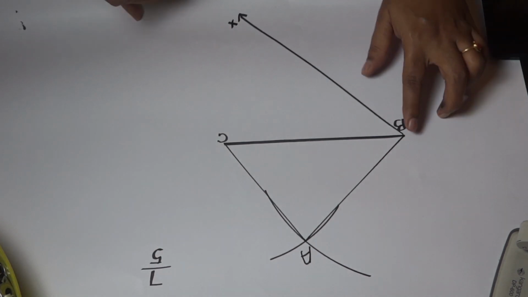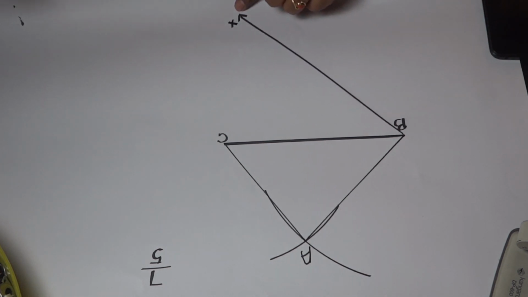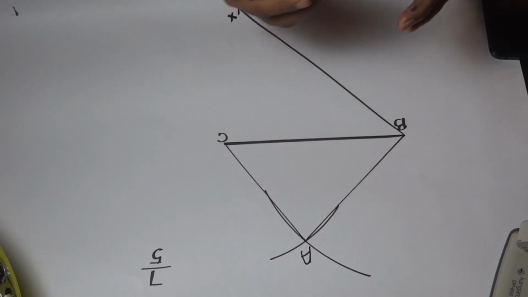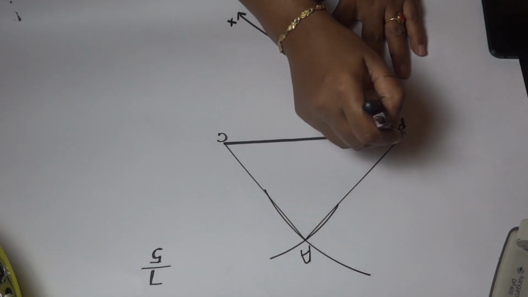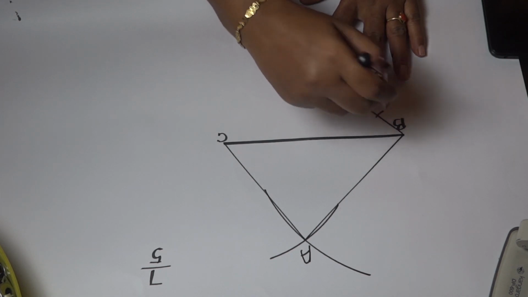We have to make 7 parts on this ray BX. Take a compass of convenient length, go on making marks. You should make 7 marks.